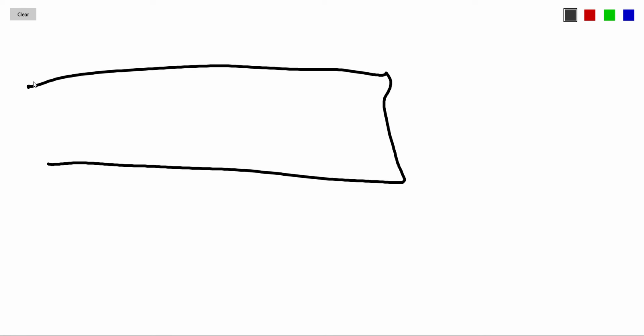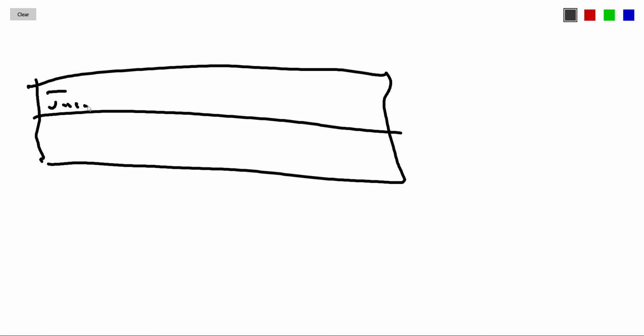This might be a little bit confusing, so let's see if I can draw this box up. So I'm just going to do the first two. We have Jacob, Sophie, and these are the names.